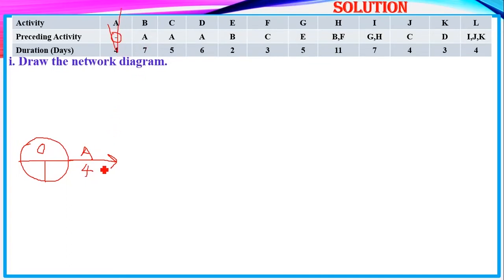Then activity A precedes activity B. It also precedes activity C and also precedes activity D, as you can see from that. That means from this event here, which is the first event, we have A preceding B, C, and D. That means we are going to have 3 activities coming from A. So we have the first activity here, which is activity B, taking 7 days.